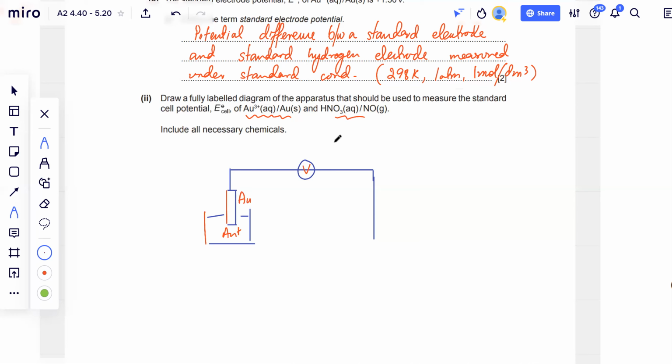And over here, there's NO gas. Whenever you have a gas electrode, it's always a gas jar. So there's going to be NO gas, and in the solution, there's going to be nitric acid.